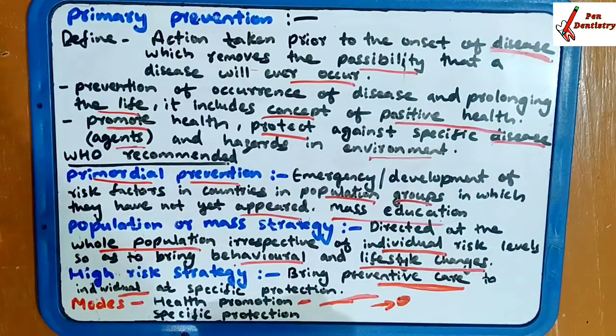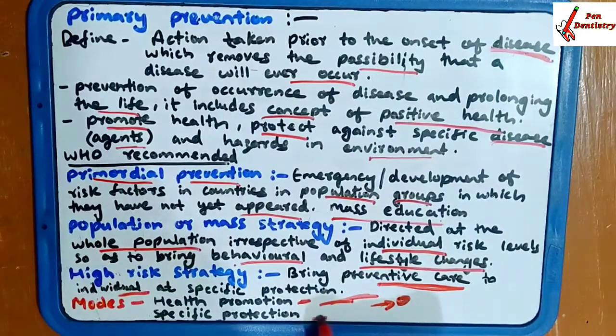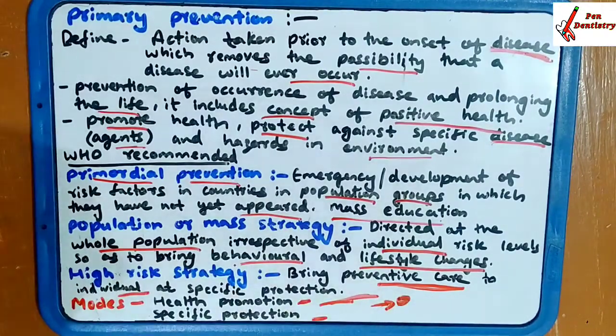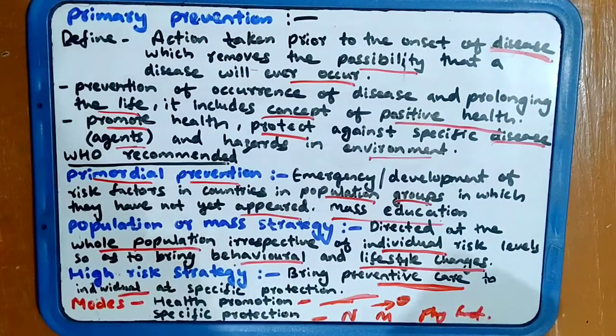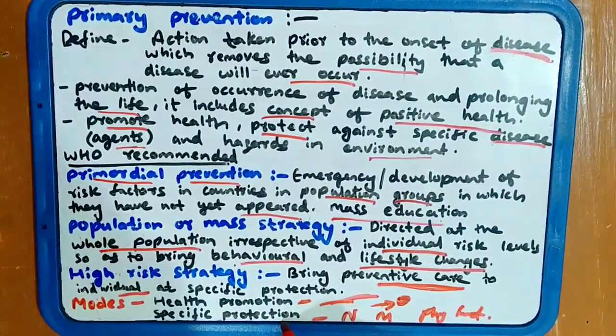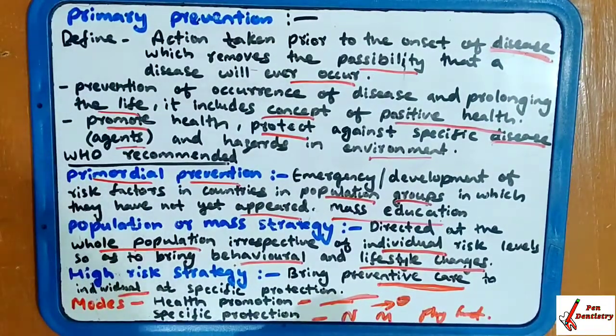Specific protection is given a specificity, that is, the provision of conditions for normal mental and physical function of a human being, an individual or a group. What does specific protection include?